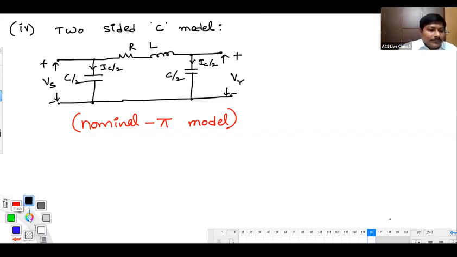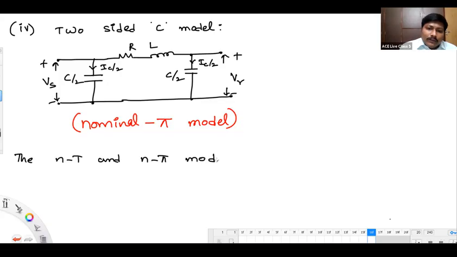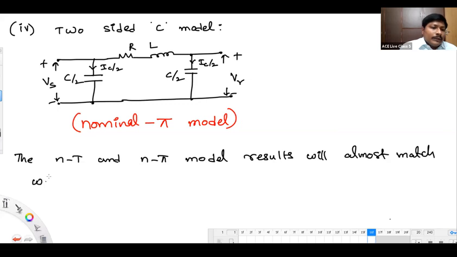Let me write: the nominal T and nominal pi model results will almost match the exact model result.